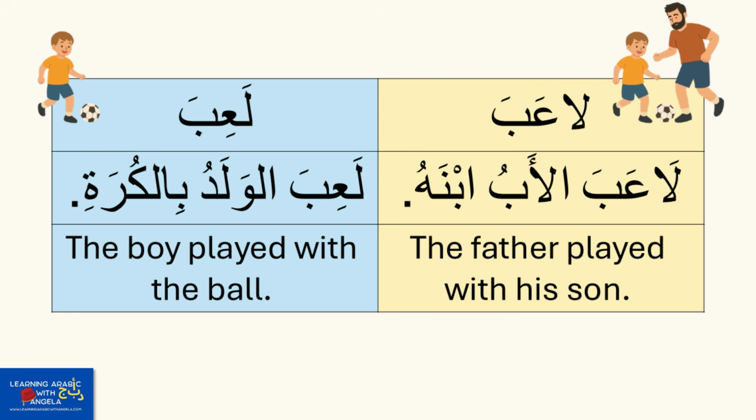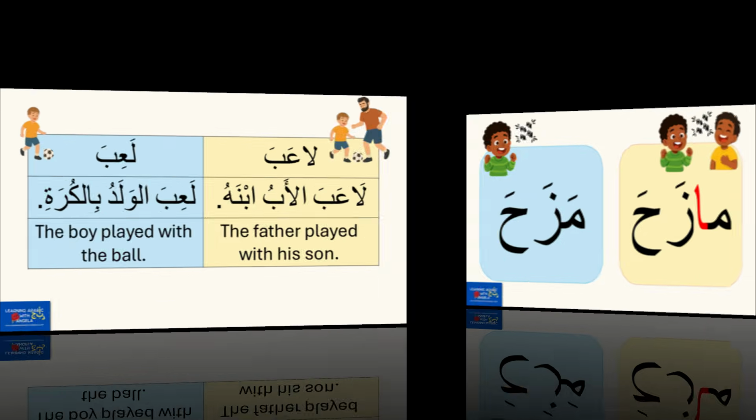The boy simply played with the ball. Now compare it with the second sentence on the right. لعب الأب ابنه. The father played with his son. Once again, another participant has joined the action. This is exactly the pattern we're beginning to see with Form 3. It often involves another person in the action.